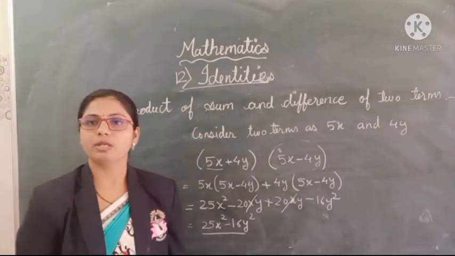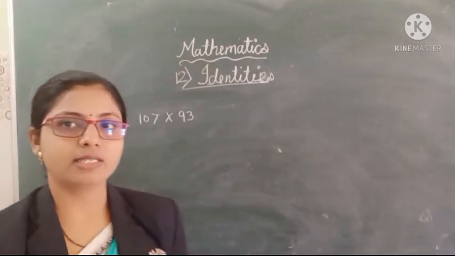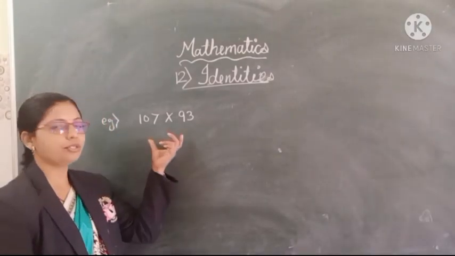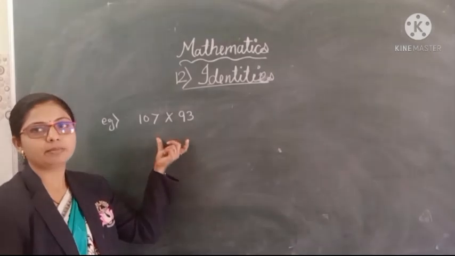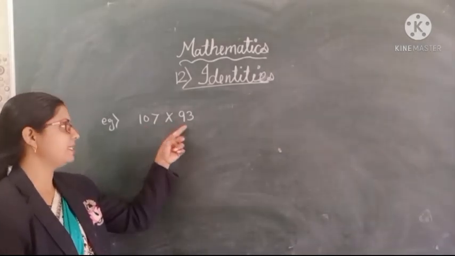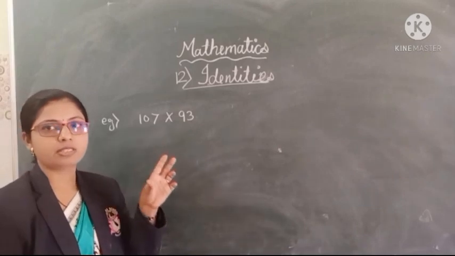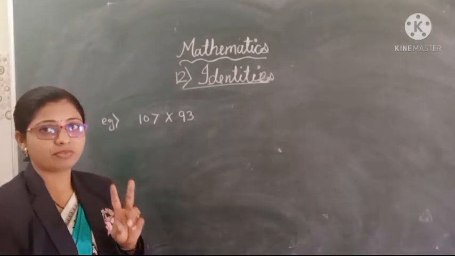So did you understand this? So next we will see a different example. You have to use the formula here. Before that we should split up these numbers. Here 107 is given and 93 is given. So you have to see how we can split this up. Two brackets, two binomials we have to prepare here.